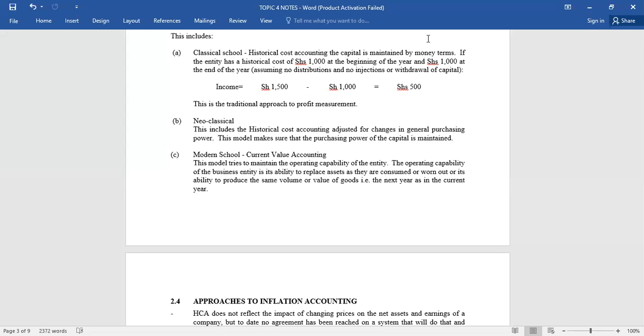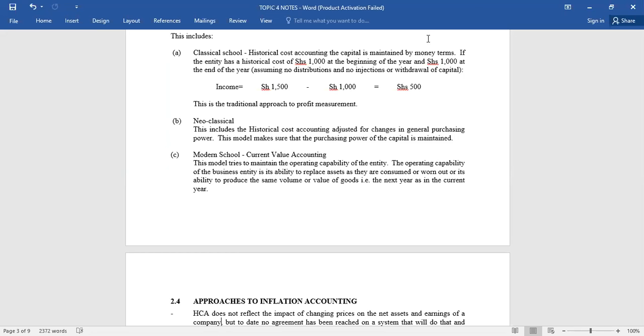When we are talking of the classical, this is merely the historical cost accounting, where the capital is maintained in money terms. If I purchased a plant at 10 million, that remains its historical cost in the source documents.